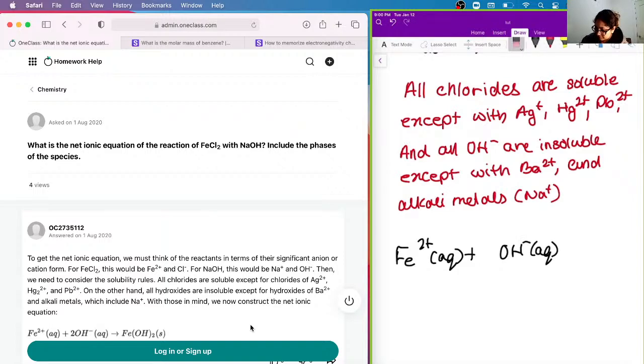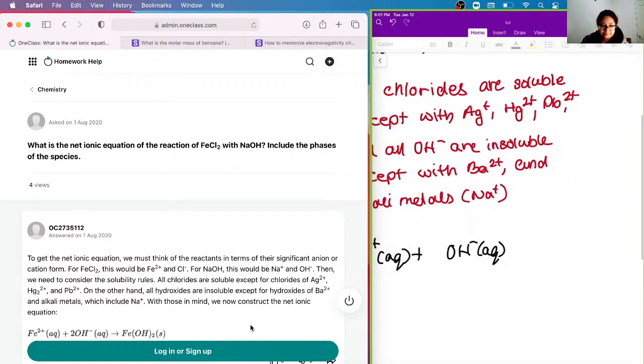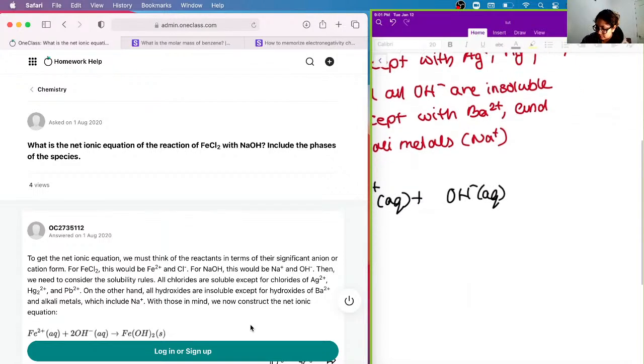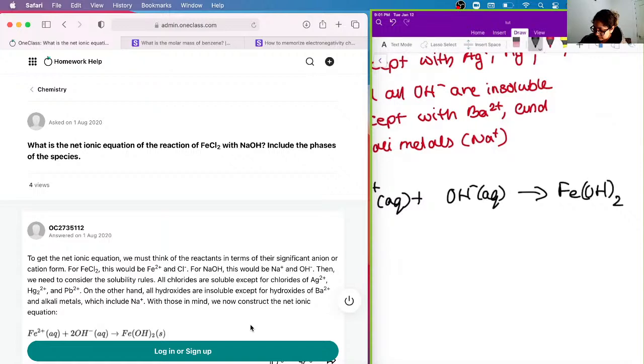The hydroxides would give rise to iron hydroxide.